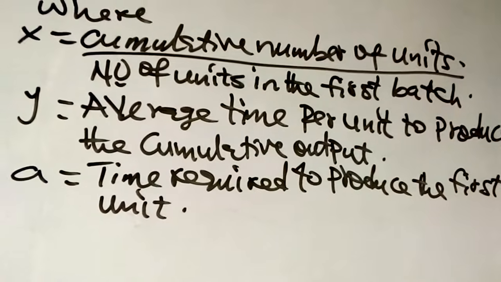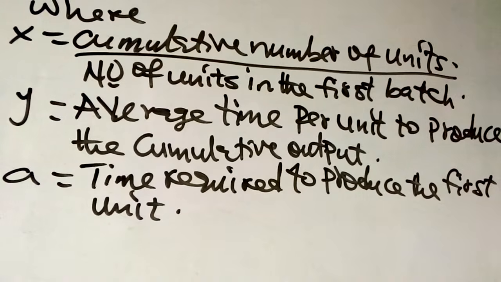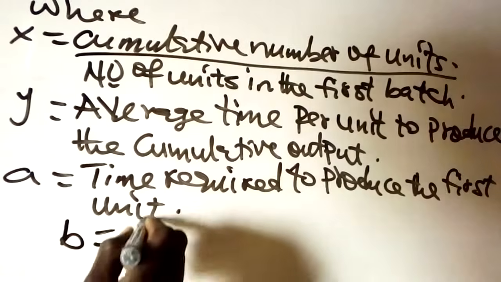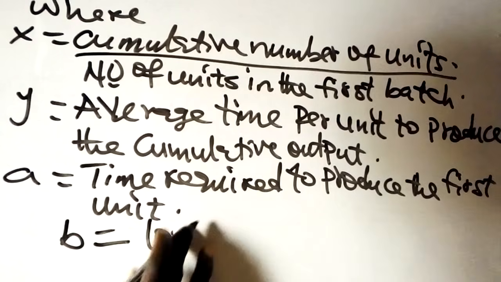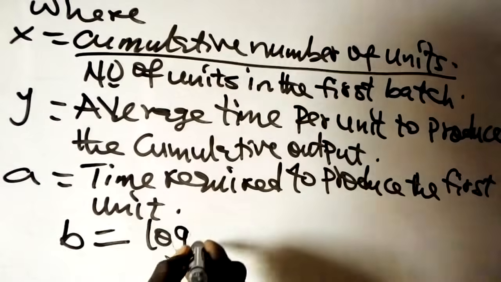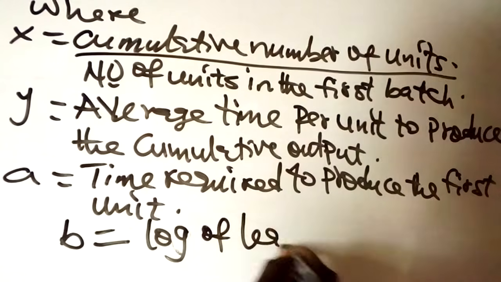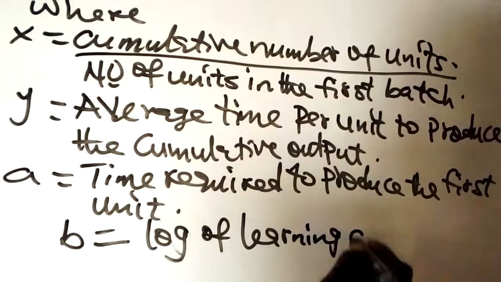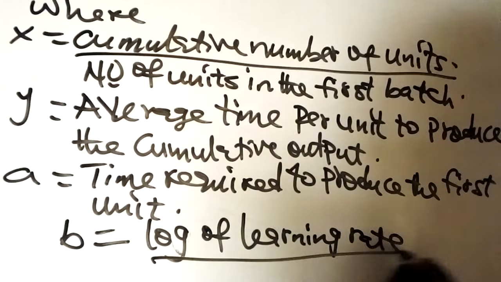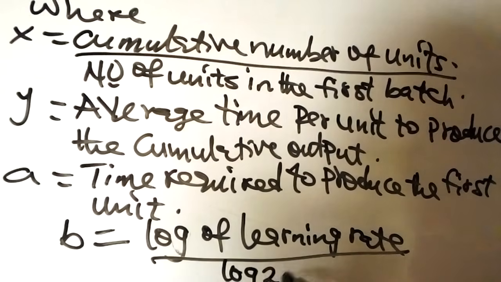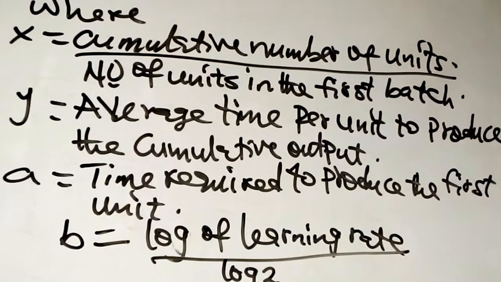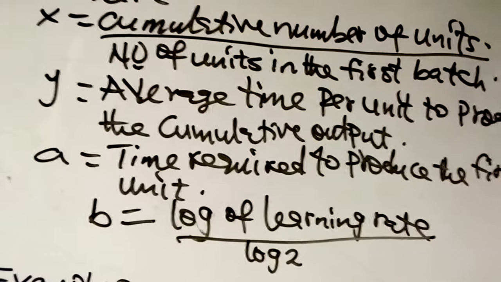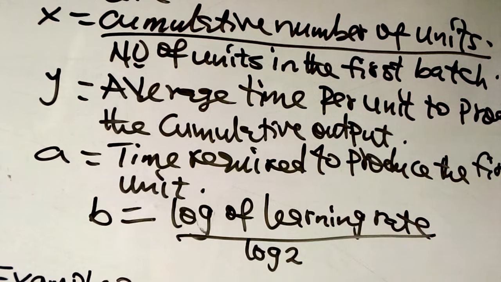The index of learning equals the logarithm of learning rate over log 2. B is the index of learning, and that is the logarithm of learning rate over log 2. That is the algebraic approach.